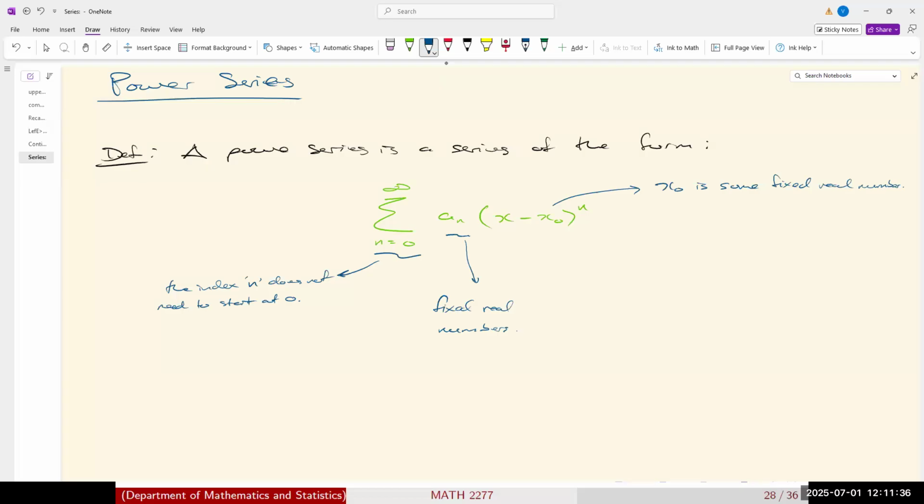So remember neighborhoods? Let's go back to neighborhoods where you had an epsilon neighborhood around some point. Epsilon was called the radius, and x0 was called the center of the neighborhood. So we will see why that terminology is coming back.